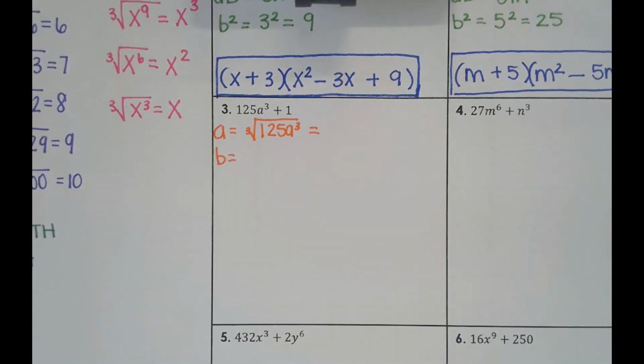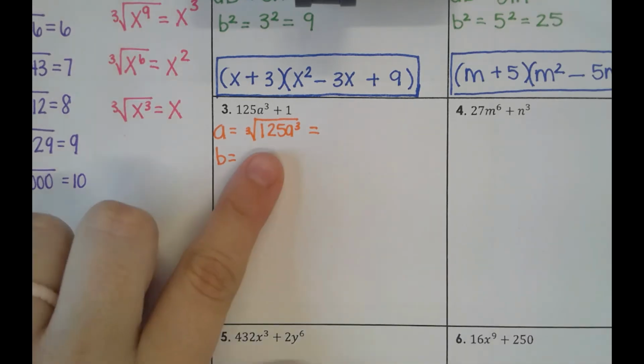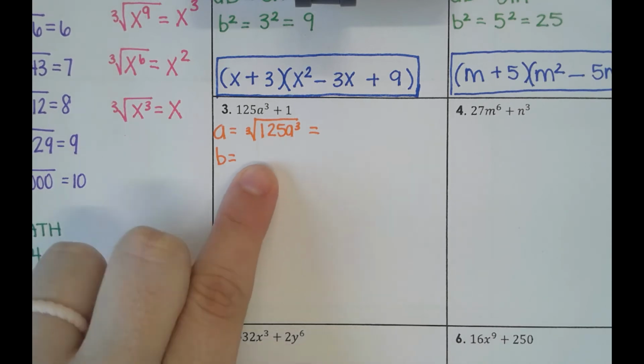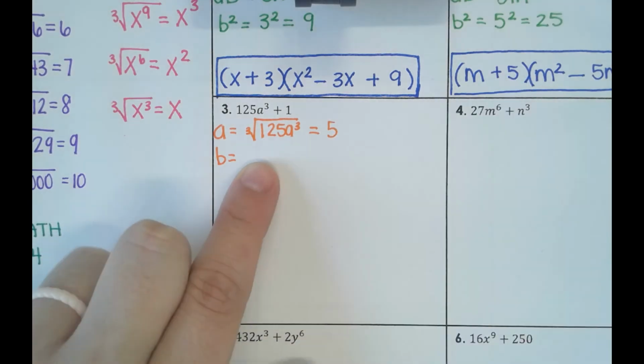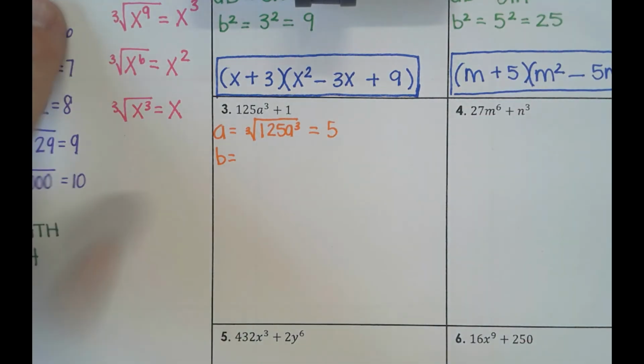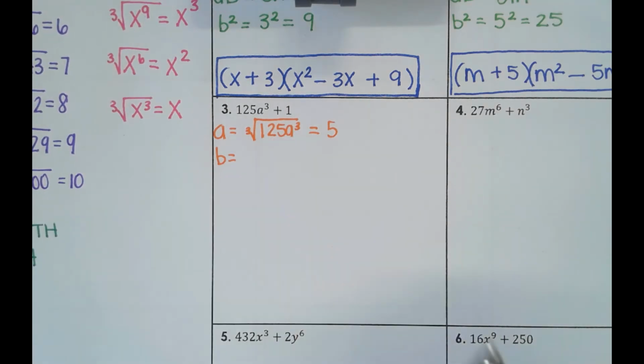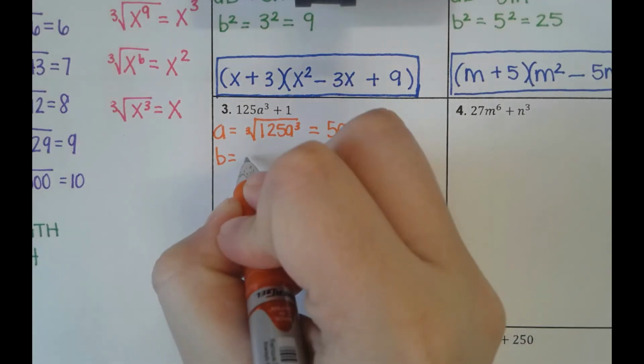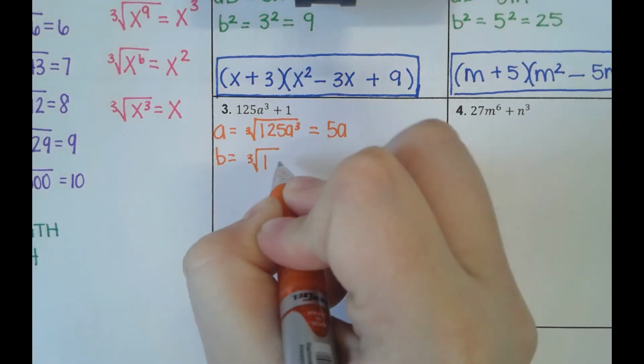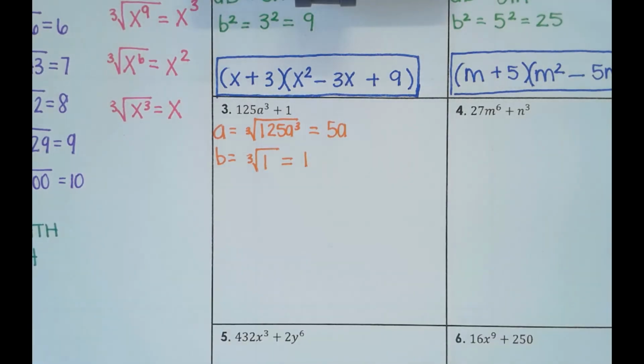Whenever you have numbers and letters, just like we did with difference of squares, you got to find the cubed root of both parts. So the cubed root of 125, that's 5. You have it right here on your list. And then the cubed root of a cubed is just a. And then for b, we take the cubed root of 1, which is 1.